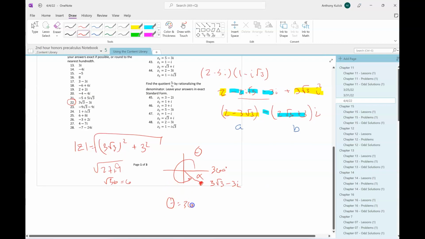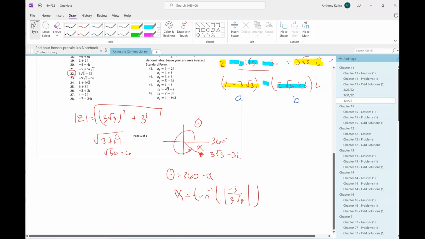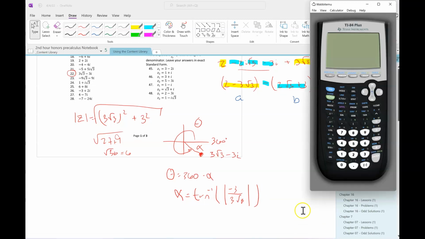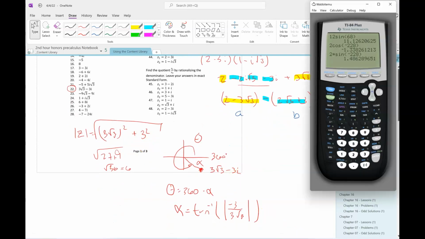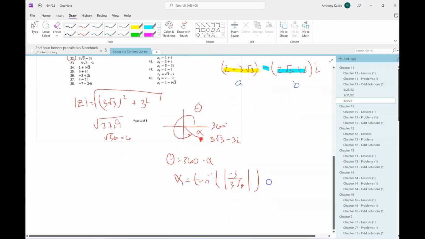So theta is going to be 360 minus alpha, where alpha is the tan inverse of the absolute value of negative 3 over 3 root 3. So let's make sure that we're in the appropriate mode. For this problem, they asked us to go between 0 and 2 pi. Oh, this is actually a unit circle angle, isn't it?